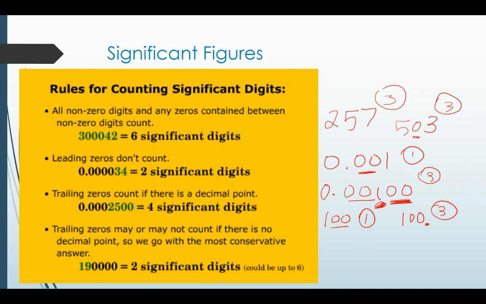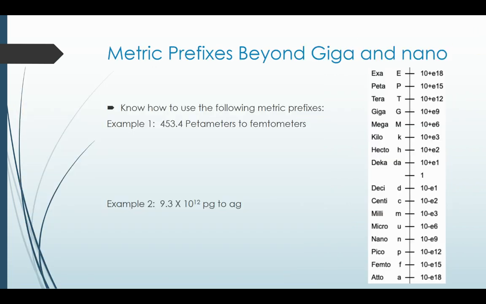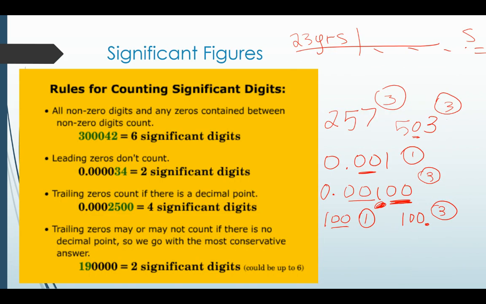I'm just going to really quickly review multiplying and dividing, and adding and subtracting. For example, if we're doing a bridge, like 23 years, and I'm converting it to seconds, this has two sig figs. We're multiplying across the top and dividing by what's in the bottom.